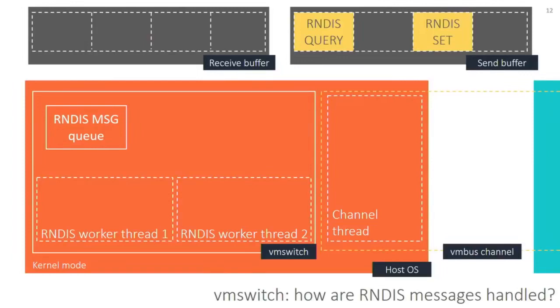That's basically a VMBus thread that belongs to VMBus. Whenever it sees a message coming from VMBus, it is going to handle it, call a callback from VMSwitch, and only then handle the next message. So these operations are completely serialized.